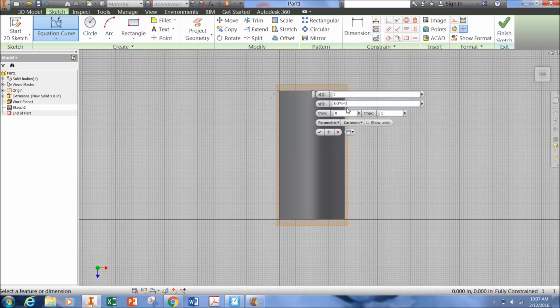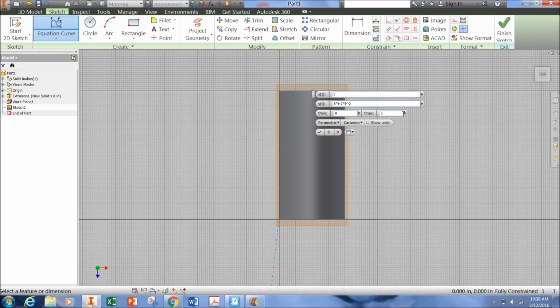There is an issue because the XZ plane shifted the geometry to between 0 and 4 instead of -2 and 2. So to compensate for this, we'll just shift the 8 minus 2t squared graph to the left by using the equation 8t minus 2t squared. All that does is provide a shift from the -2 to 2 domain, which originally we wanted, to 0 to 4.